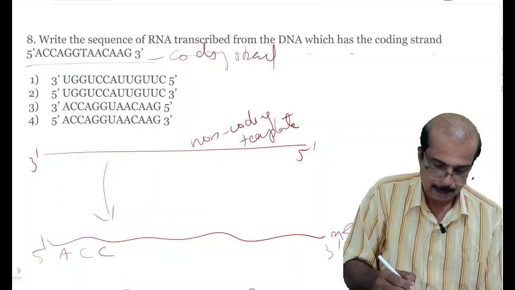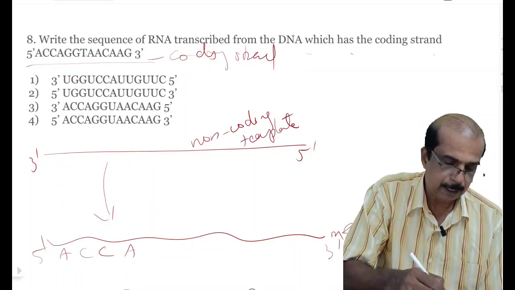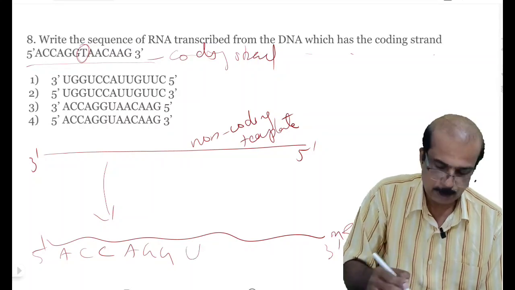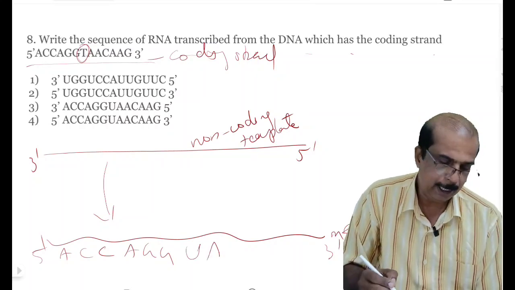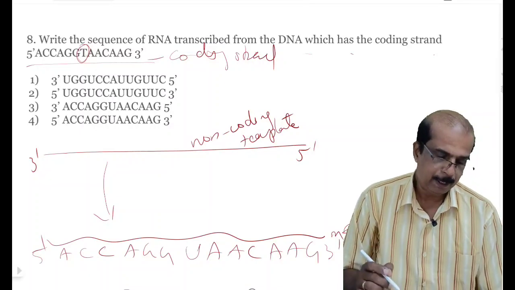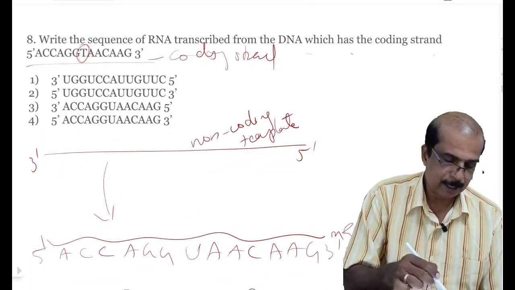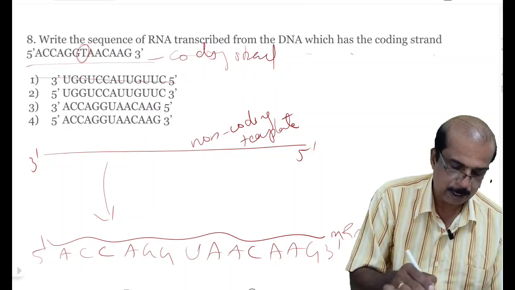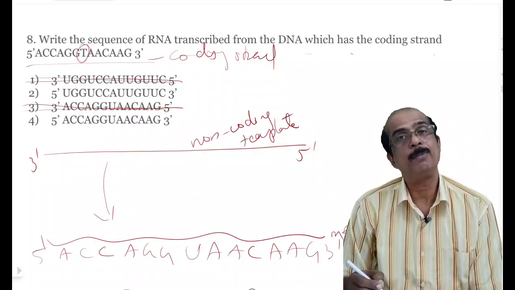ACC, AGG, then check T, here U, AAC, AAG. Then examine the options. You can strike out option 1 and option 3 because they are in the direction 3' to 5'.